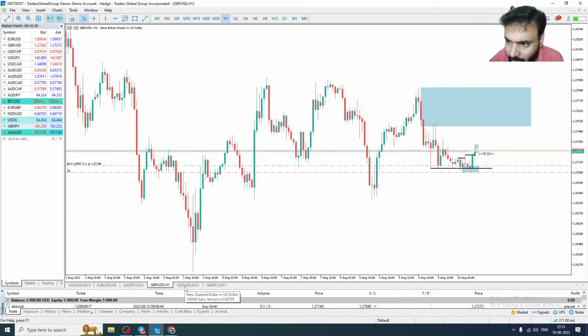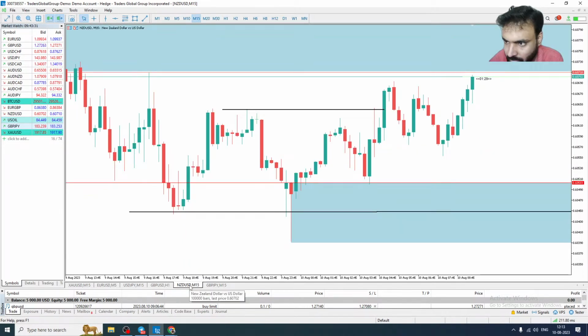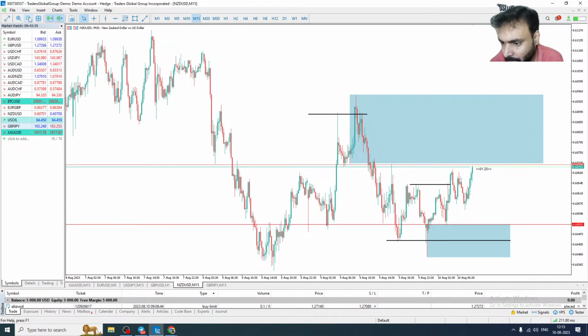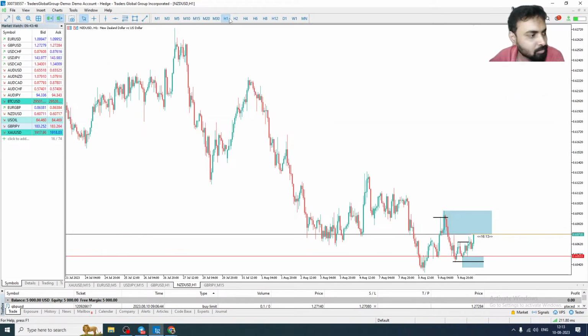Nothing is giving any proper setup. Okay, NZD is moving. NZD is going upside. It's already happened. NZD is coming inside.